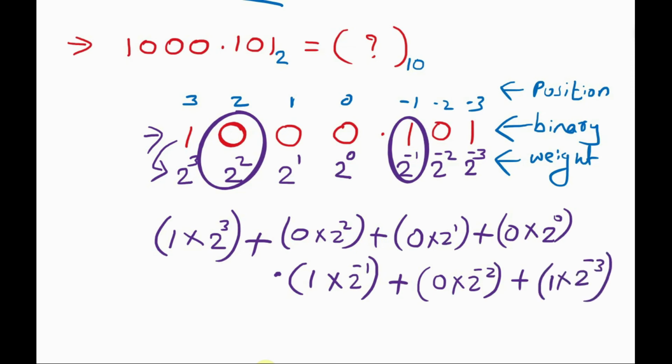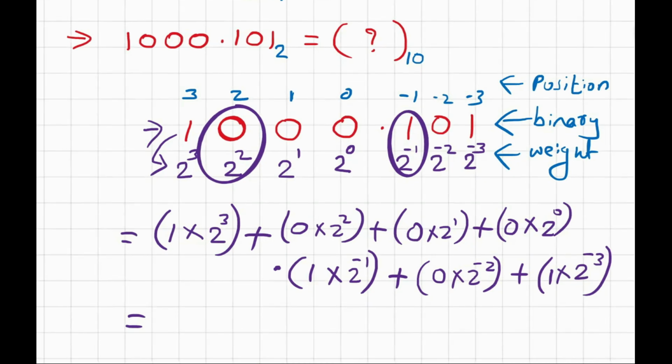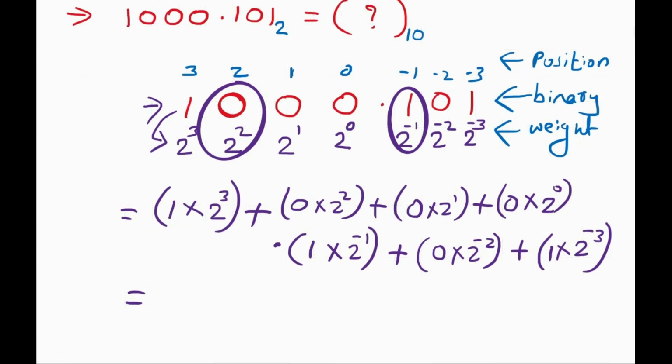Simplify this and we will get the answer. What is 1 into 2 raised to 3? 2 raised to 3 is 8, and 8 into 1 is 8. The others are 0, so we can strike them. So that is 8, then the dot.